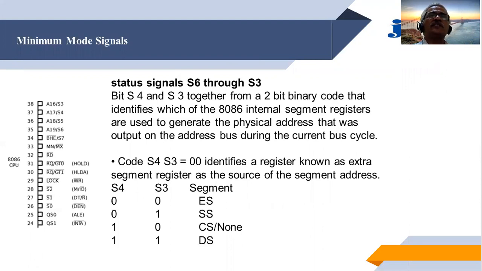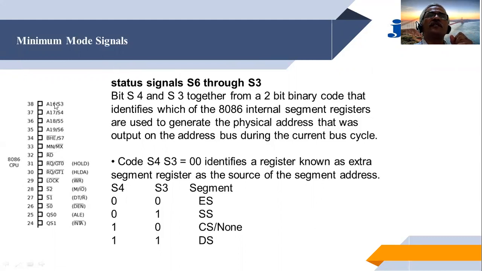Then you have the other signals, MN/MX bar, which when connected to high means minimum mode, and the other signals being HOLD, HLDA, WR bar, M/IO bar, DT/R bar, DEN bar, ALE and the INTA bar. These are the signals which are responsible for the minimum mode.